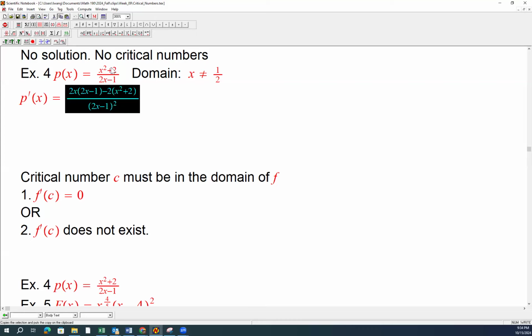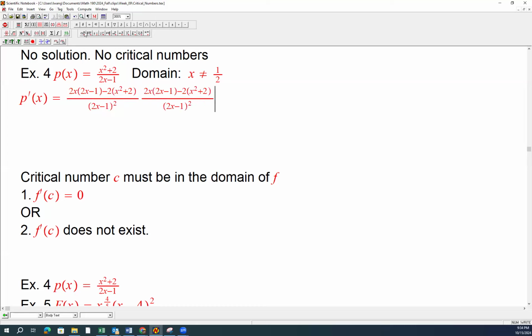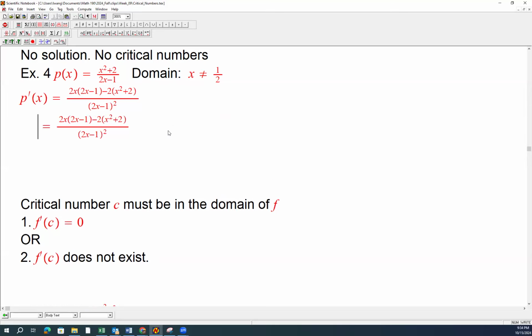And we simplify. We're going to simplify the top. Where you want to put it down, you write it down vertically, okay? We're going to multiply the top, 2x times 2x, that's going to be 4x squared. We distribute 2x times 2x, 2x times 1, that's minus 2x.